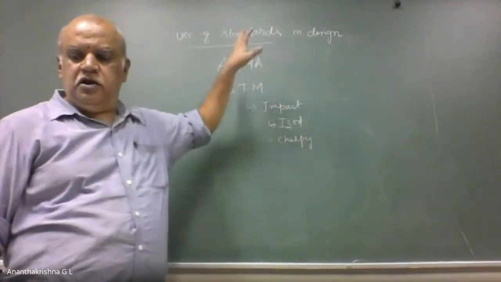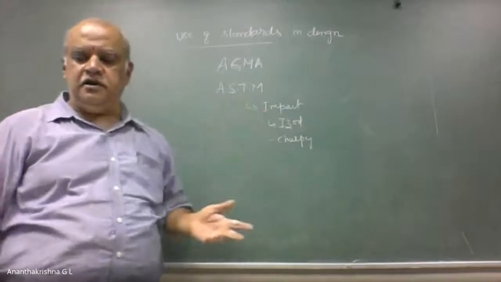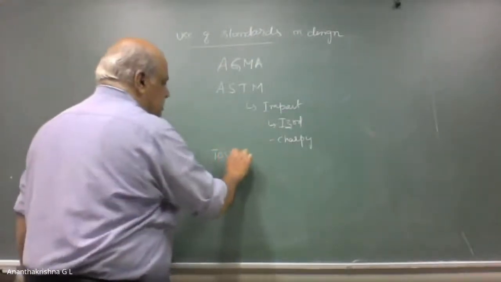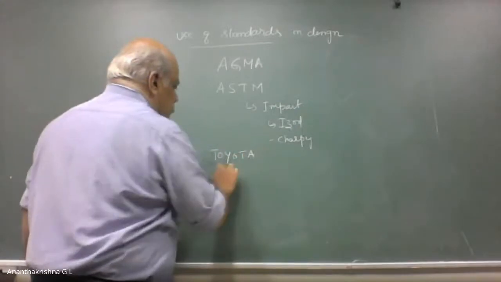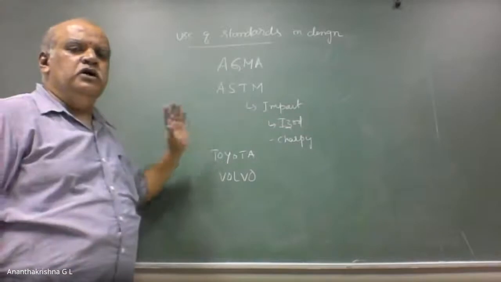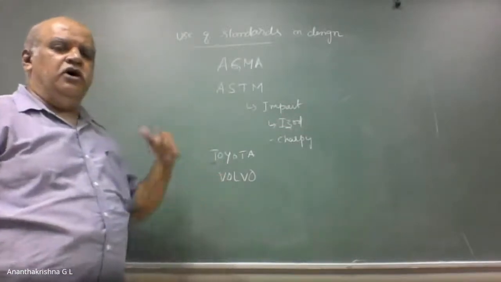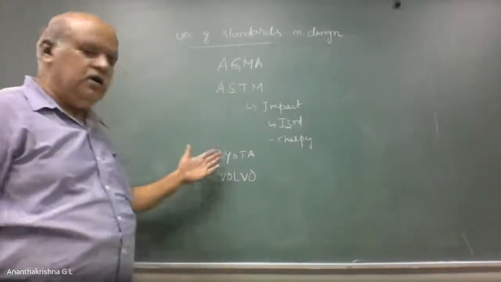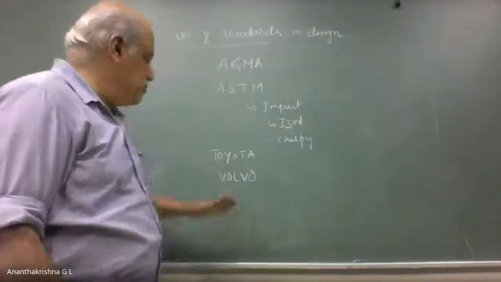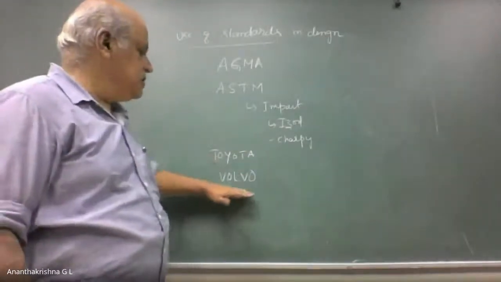Like that, you've got DIN standards, British standards, and there are certain companies like Toyota and Volvo. Such companies have got their own standards. If you are a supplier to Volvo or Toyota, you should conform to the standards provided by these companies.